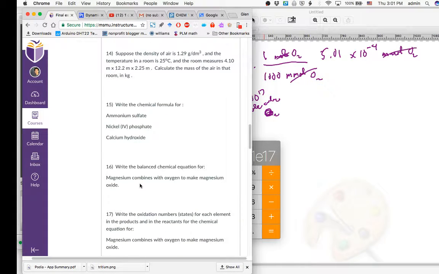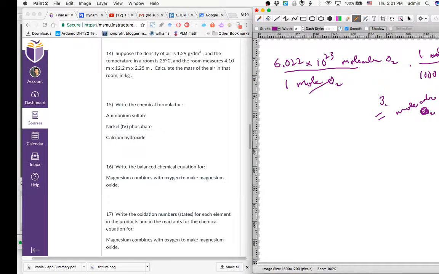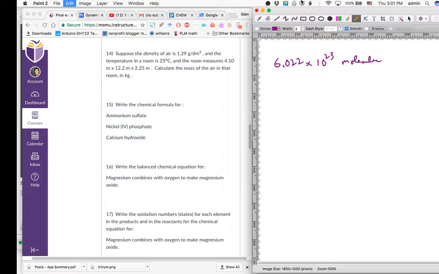Number 14, the density of air. So let's see. The density of air is some given amount, and the temperature of air in the room is some degrees Celsius. The room measures this length, this width, and this height. So what do you do? Well, we have the density, and we need the volume.